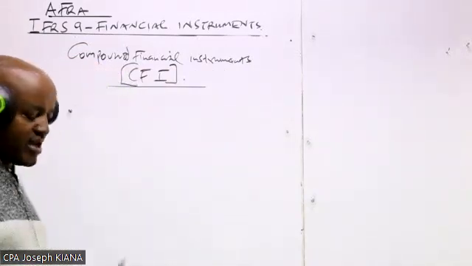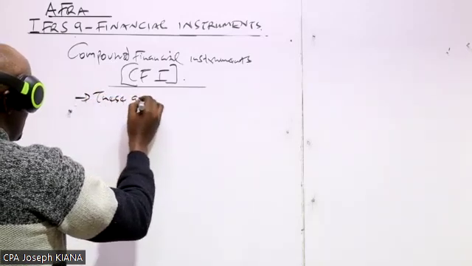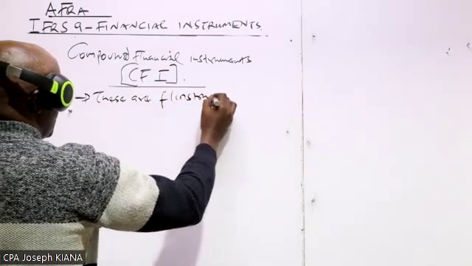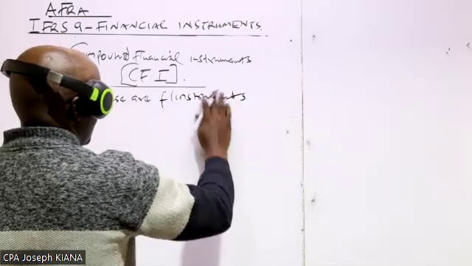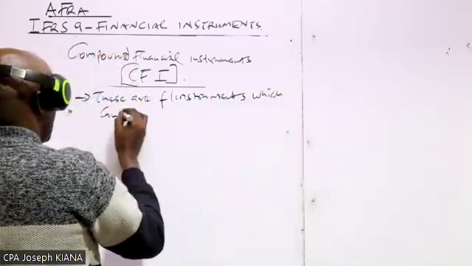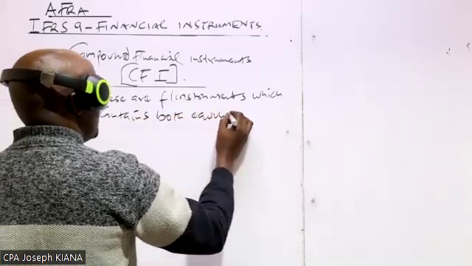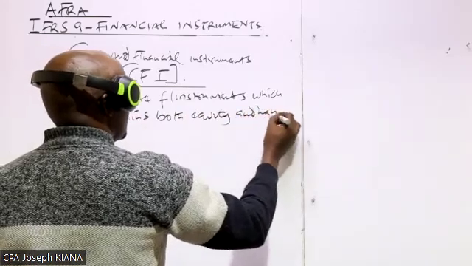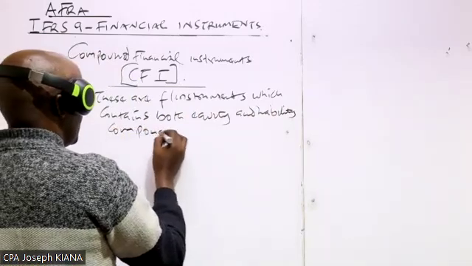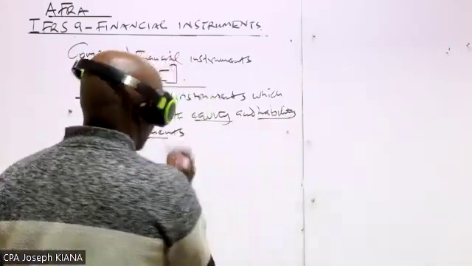So CFIs are financial instruments which contain both equity and liability components. Equity and liability, what? Components.